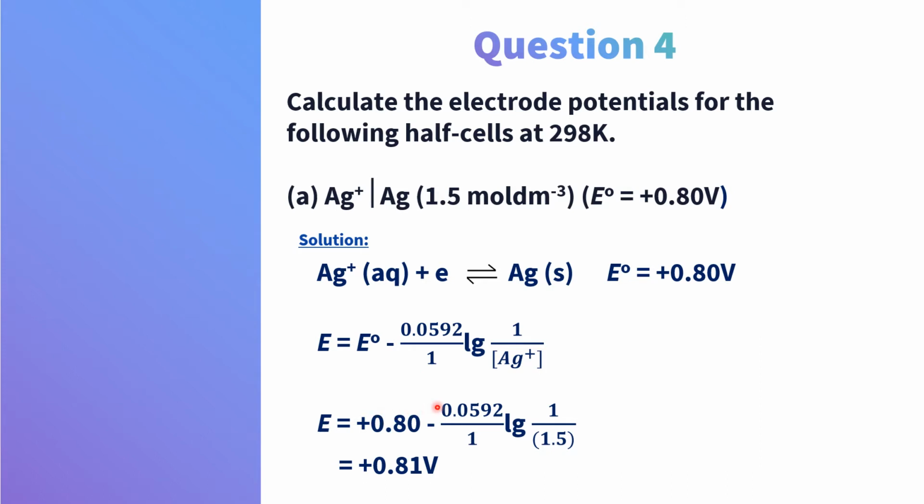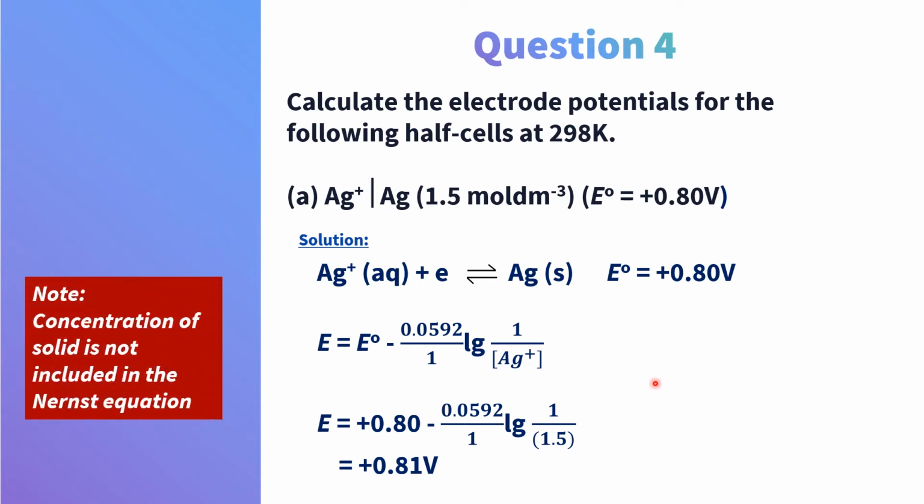So you substitute the values inside, you will get E equal to positive 0.80 minus 0.0592 divided by 1 times log of 1 over 1.5. The concentration of the solid is not included in the Nernst equation, so you will get 1 here.